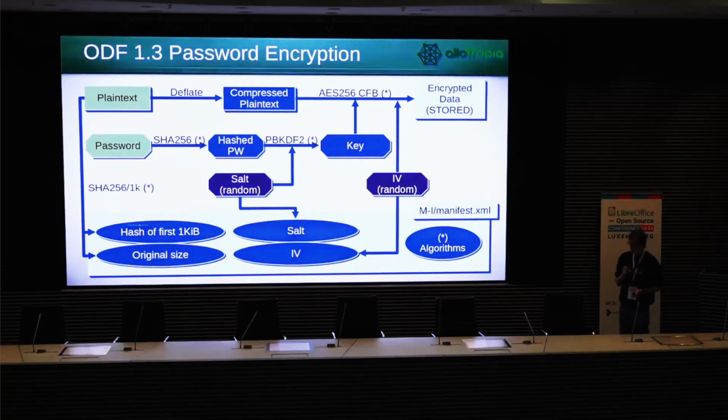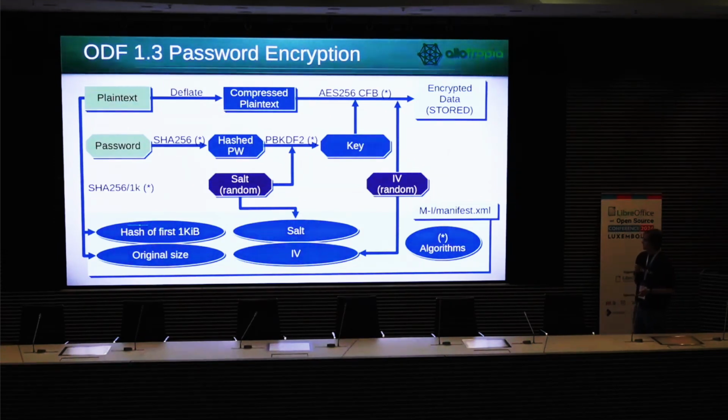Then the other thing that is provided is the password. In the first step, the password is hashed with SHA-256. This gives the hashed password, and then from this the encryption key is derived with a key derivation function, and this was using PBKDF2 with 100,000 iterations.